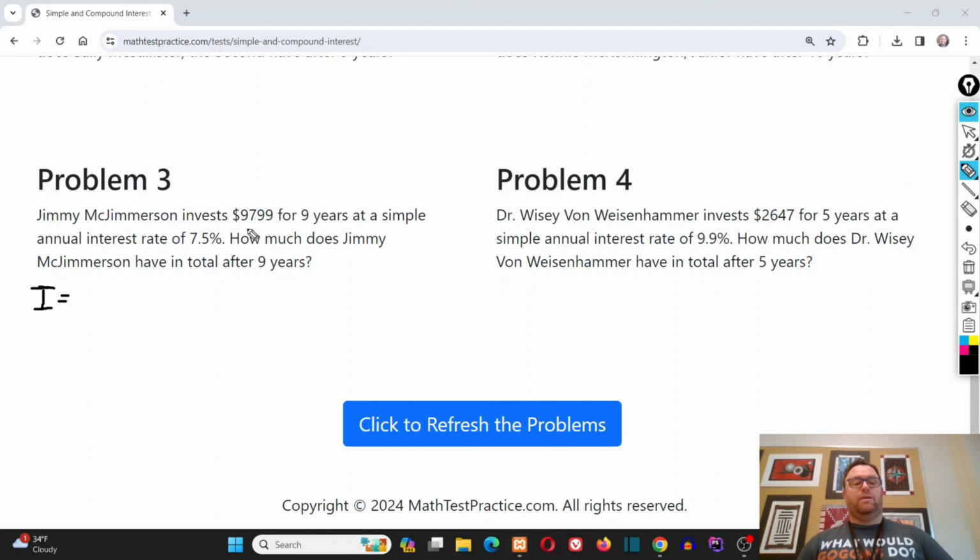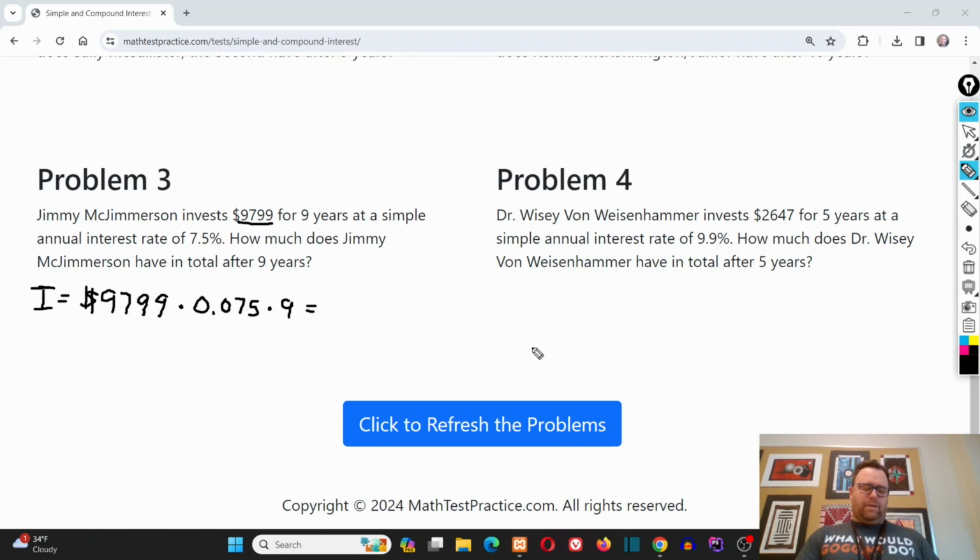So we're going to do this amount times the interest rate as a decimal. So divide 7.5 by 100, you get 0.075, times the time in years.